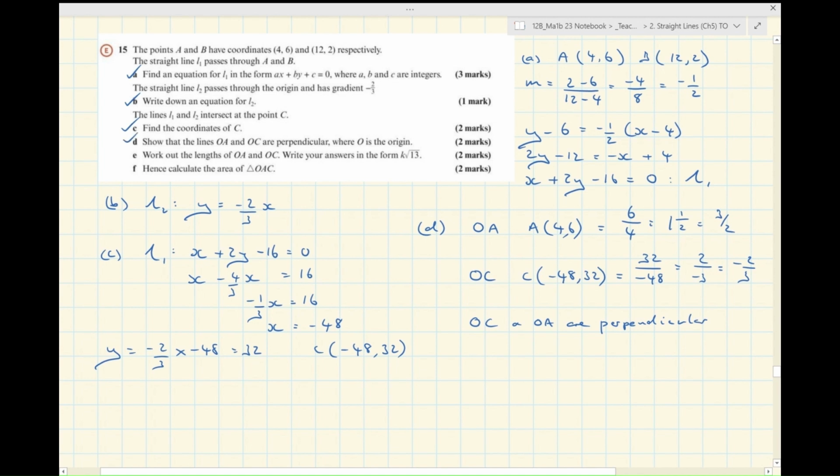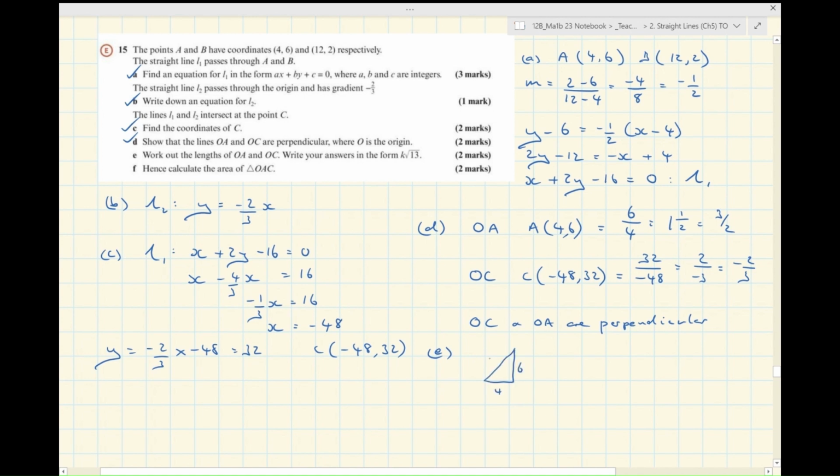E, work out the lengths of OA and OC. Write your answers in the form k lots of root 13. Okay, let's have a look at that. So I'm on part E now. OA, well that's just the length from the origin, and I've gone 4 along and 6 up.